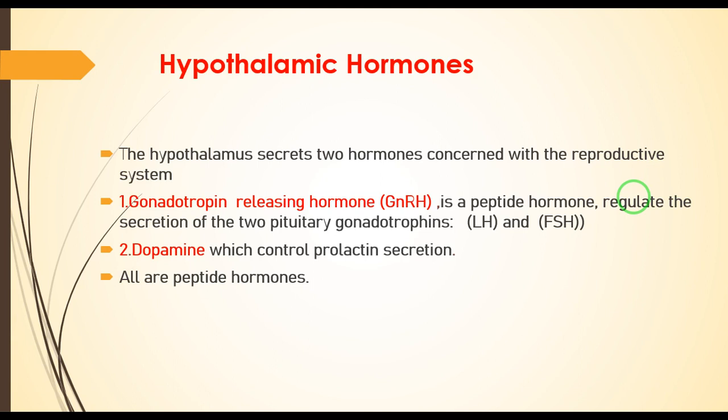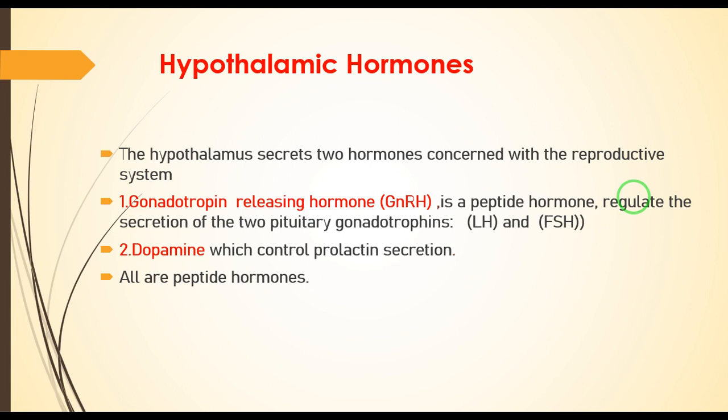The first thing are the hypothalamic hormones, and we have mainly two types. We have the gonadotropin releasing hormone, which stimulates the production of the pituitary hormones, the follicle stimulating hormone and the luteinizing hormone. So the first hypothalamic hormone is the gonadotropin releasing hormone. The other one is dopamine.